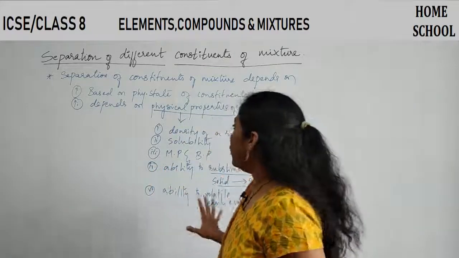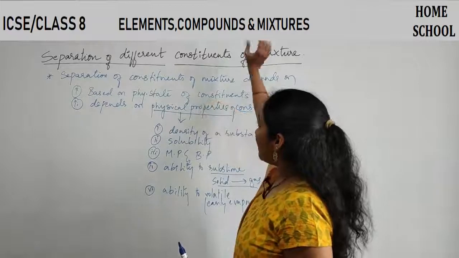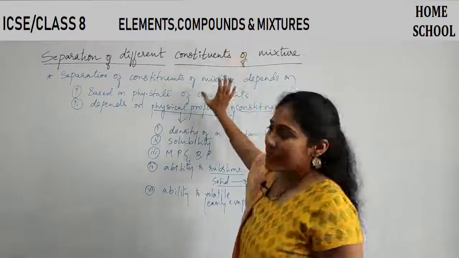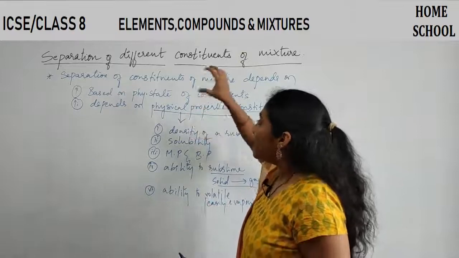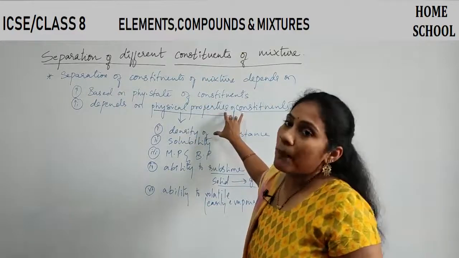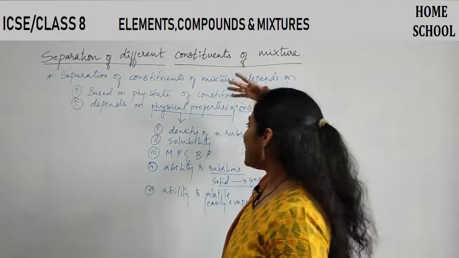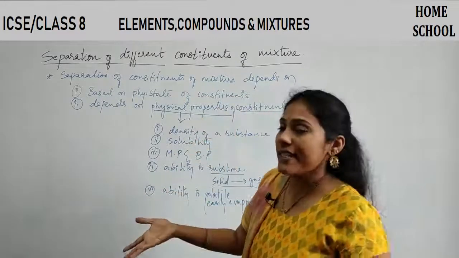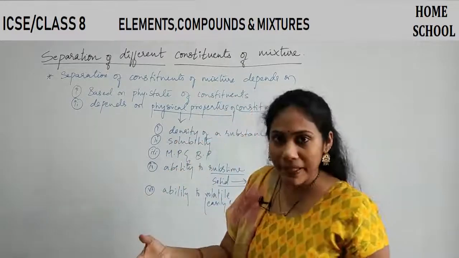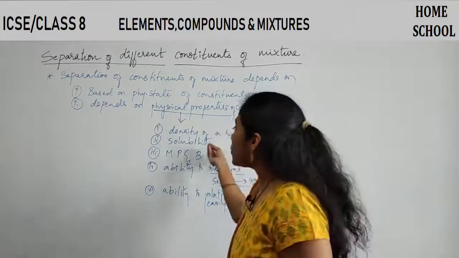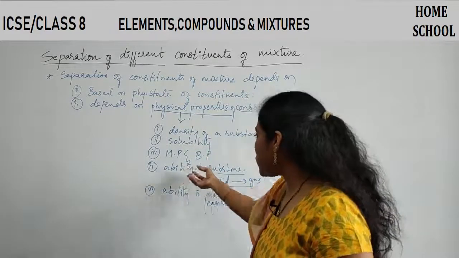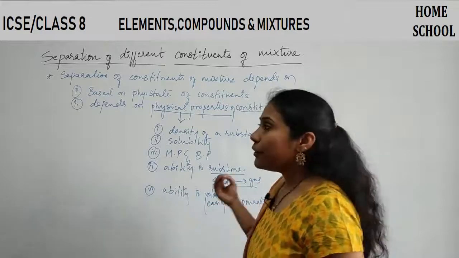Okay, so whenever you want to separate the constituents or components of a mixture, you should keep these things in mind. You have to check the physical properties of components. Based on the density variation you can separate, based on the solubility nature you can separate, based on their boiling and melting points, based on their volatility.